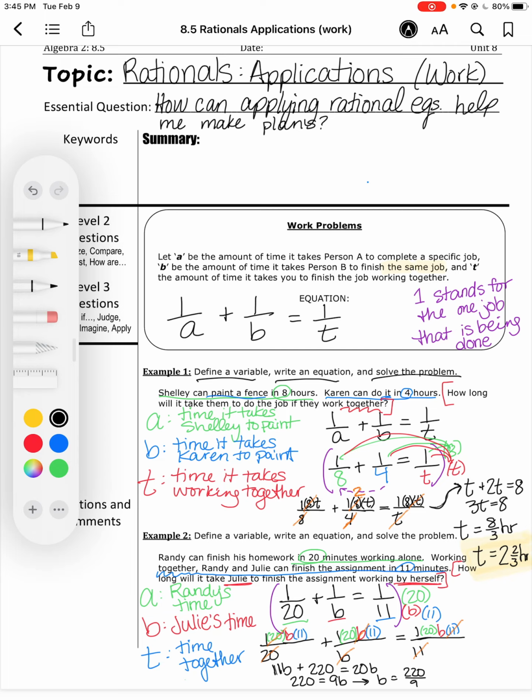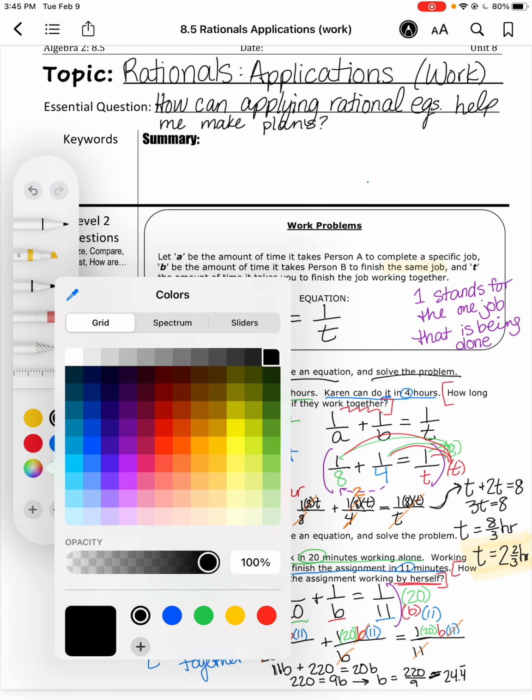Once again, that is not a super useful increment of time because I can't plan with 220 ninths. However, if I do a repeating decimal, it is exactly 24.4 repeating. Which means, I'm going to go ahead and write my answer over here as a sort of proper story problem answer.